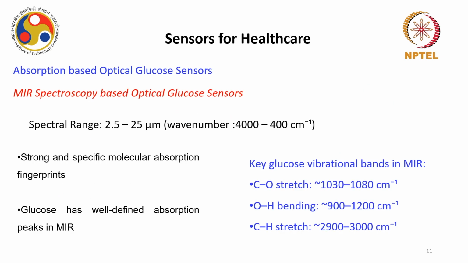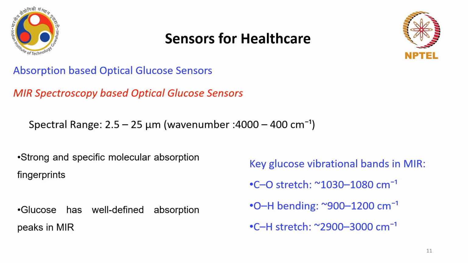The spectral range utilized in MIR spectroscopy is about 2.5 micrometer to around 18 to 25 micrometer, and the wave number associated with it is around 4000 centimeter inverse to 400 centimeter inverse.